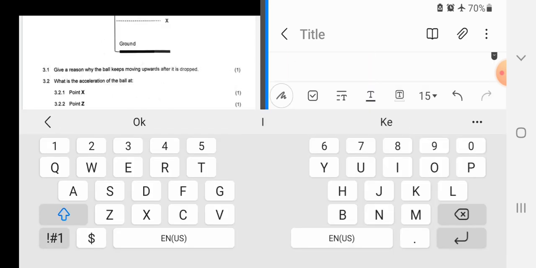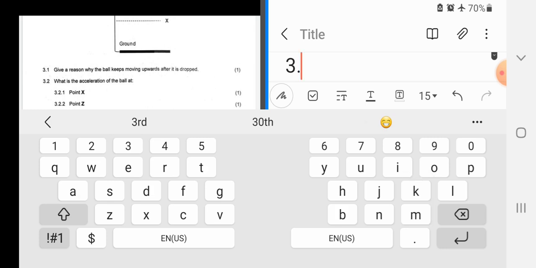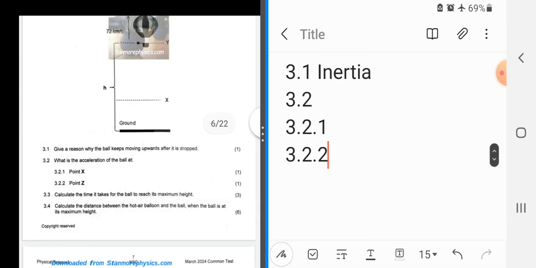Let's look at 3.2. We'll do 3.2.1 and then 3.2.2, and we will answer those.